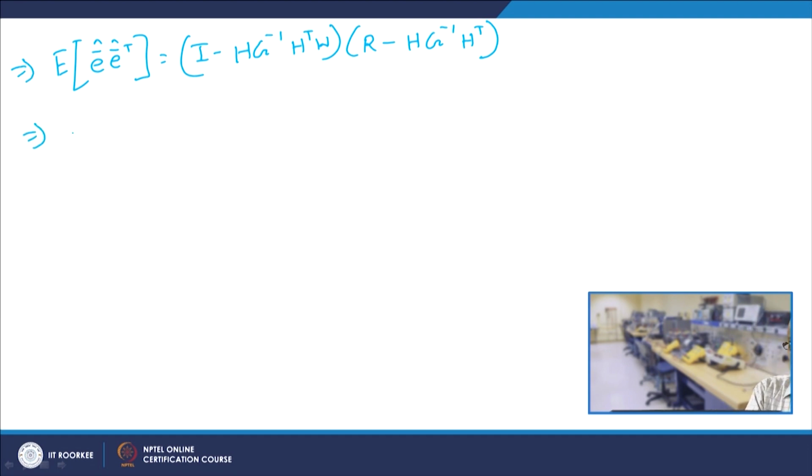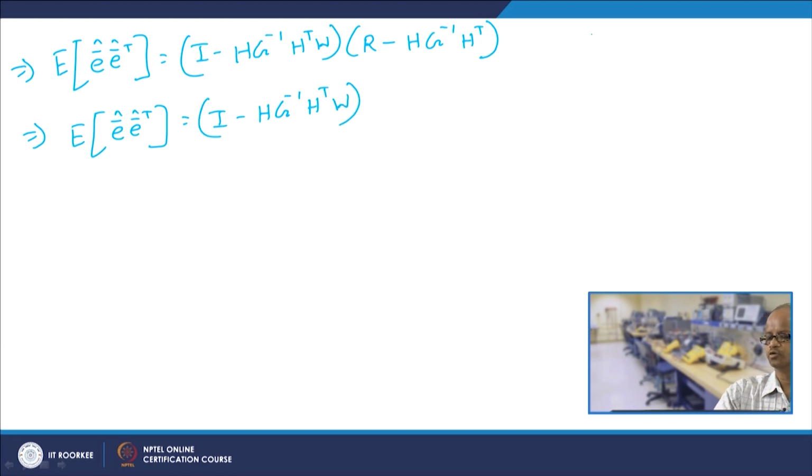So, then therefore, the expected value is now I minus H G inverse H transpose W. Now, I take R common from both sides.